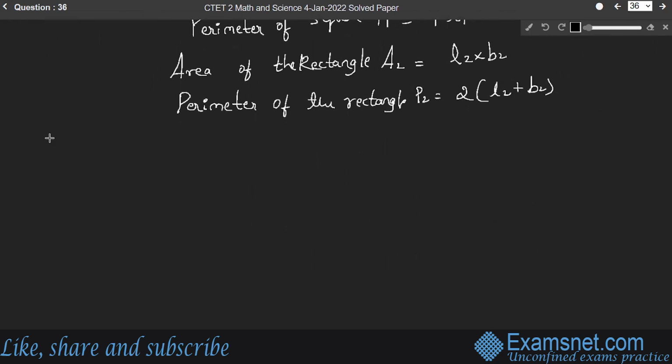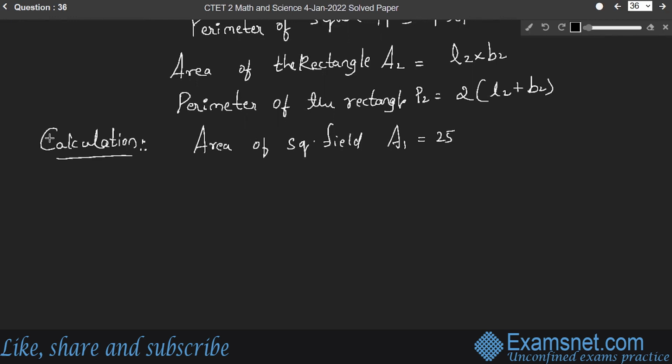Okay. So come to the calculation part. So we know the value of area of the square field, A1 is equal to 256 meters square.